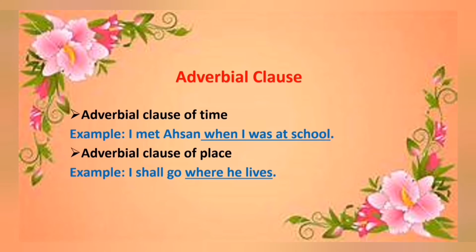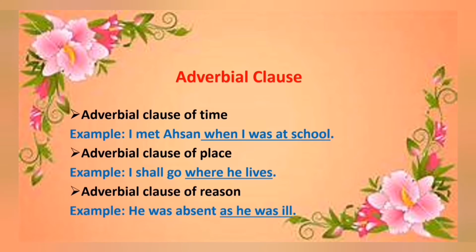Adverbial clause of place. An adverbial clause of place usually indicates the place of the action of the principal clause. For example, I shall go where he lives. Where he lives is the adverbial clause of place.